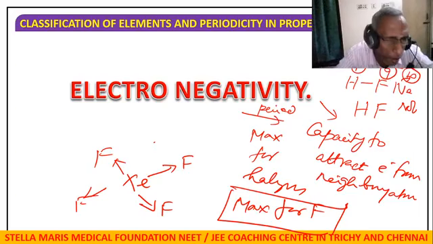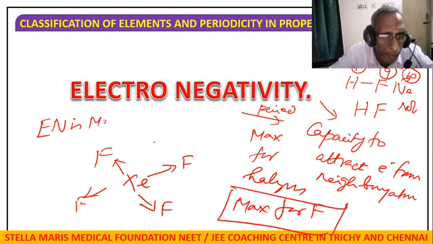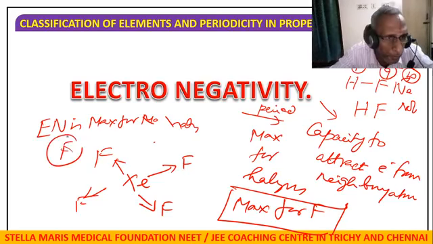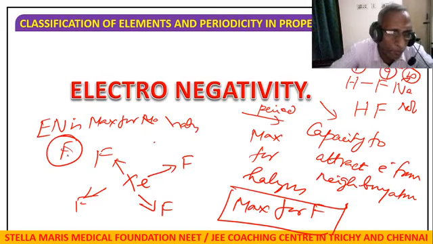So everybody make a note, electronegativity is maximum for halogens. Still more maximum for fluorine.